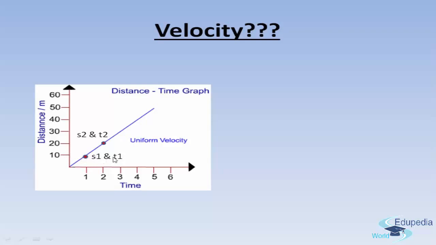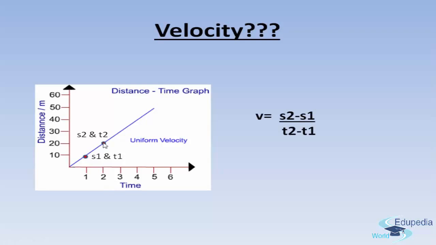So S1 and T1 are the distance and the time of the object in this position. Later on, it completes a distance of, let's say, 20 meters and now the time is, let's say, 2 seconds, right? So on the graph, we plot the points like this. Now we have all the 4 values with us.